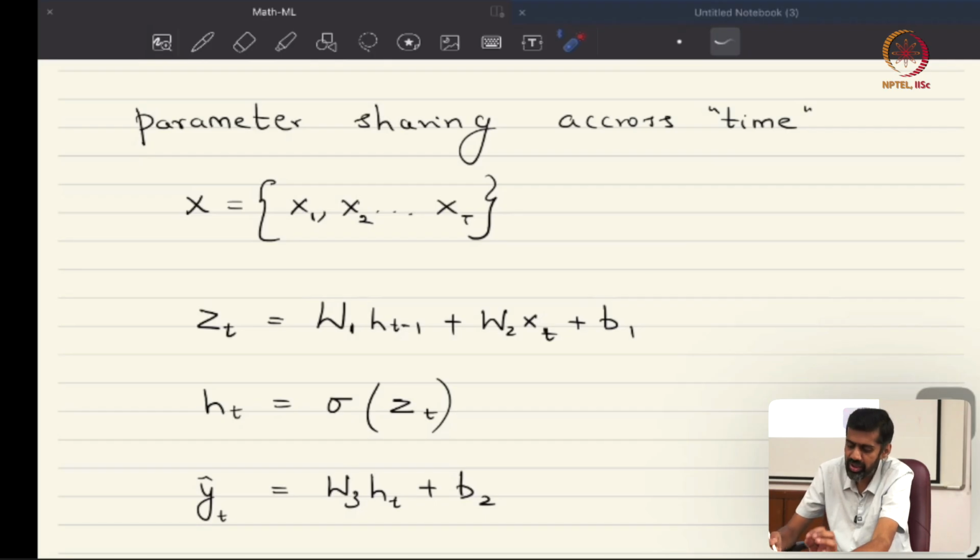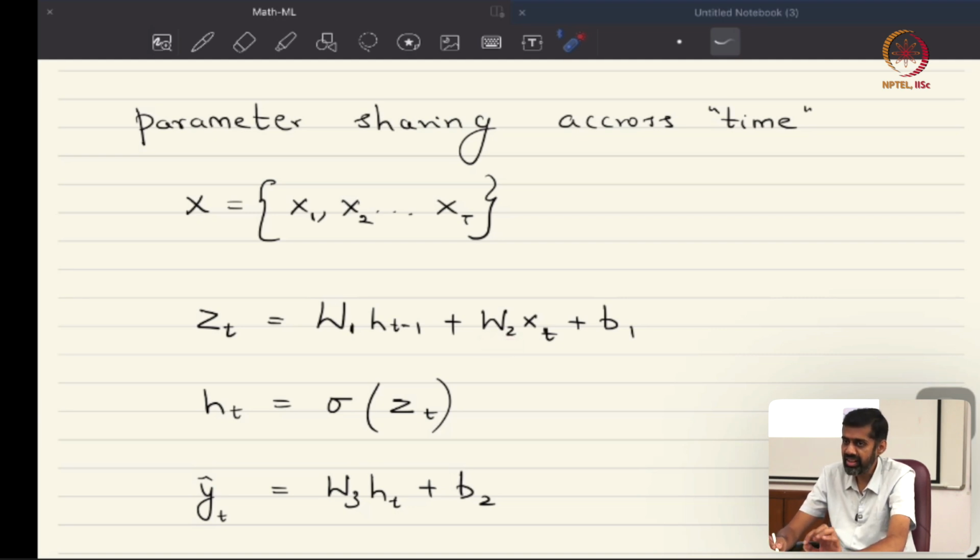Now, please note this. In a recurrent neural network, we define what is called a hidden state ht. Mathematically speaking, all of these are either linear transformations of data or nonlinear composites of linear transformations of data. zt is similar to the pre-activation in an MLP, where W transpose x or W times x was the pre-activation.